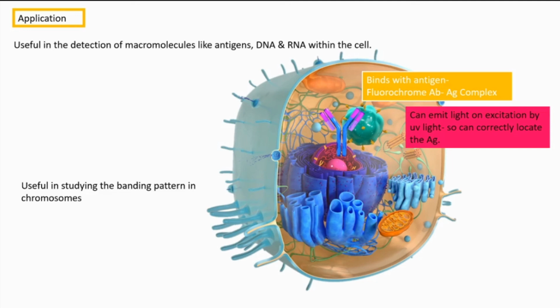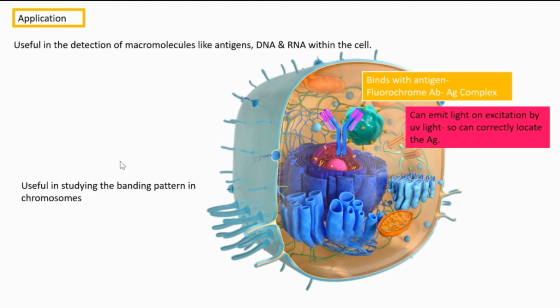These heterochromatins are highly coiled regions, and euchromatin regions are less tightly coiled regions. This highly coiled region appears dark, and the loosely coiled regions appear light. Hence, that gives the light and dark band pattern in chromosomes.